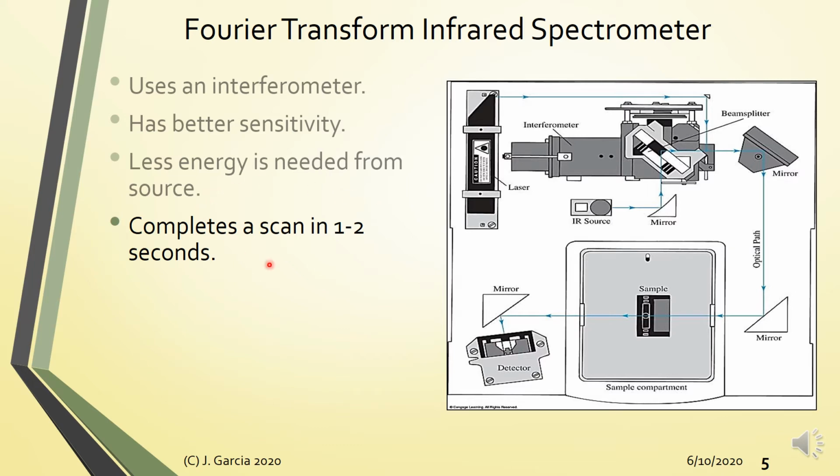Now, since here you just have an interferometer that enables you to collect all the data at once, 1 to 2 seconds is all it takes to get one scan. And what is the advantage of this? If you can get a complete scan in a fraction of the time, the instrument usually collects more scans, usually 10 to 20 scans, or you can even do 50 scans if you like.